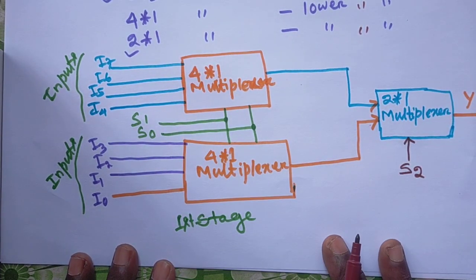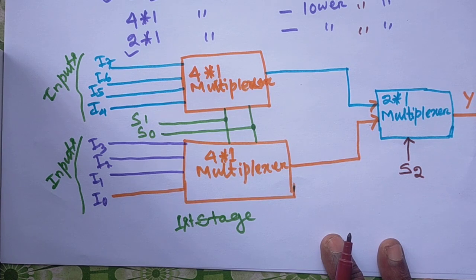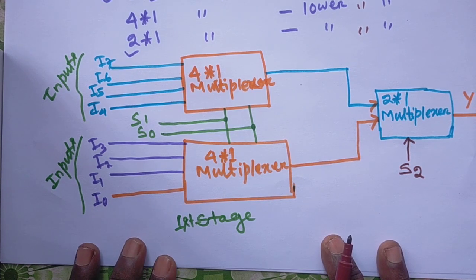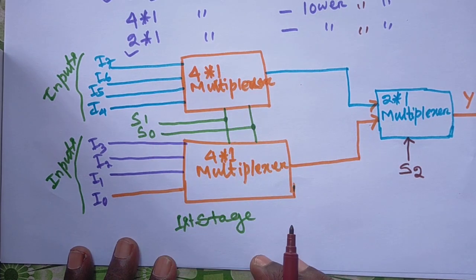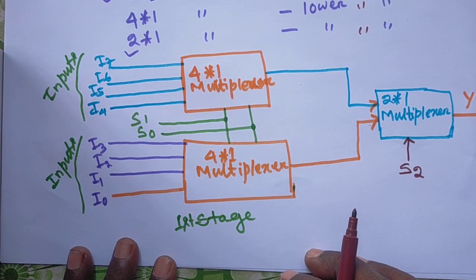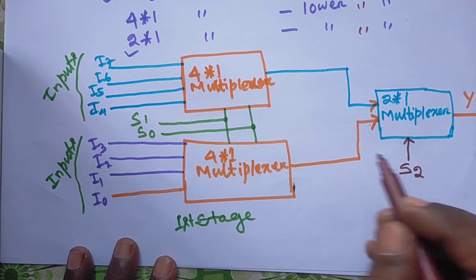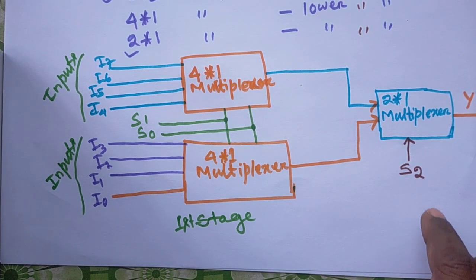This is the basic concept to design. Okay, so very simple. These selectors choose either this one or this one based on the S2 selector. We see how it is designed and how it is defined.